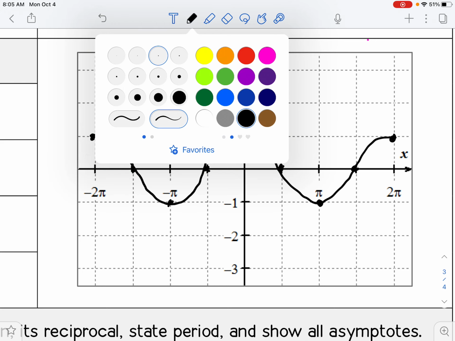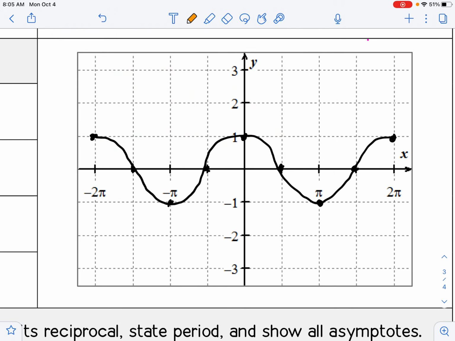So without getting into a deep discussion about it, those asymptotes are going to happen at the intercepts again, because those are the places where we would be dividing by 0 in our definition of secant. So those are the places where the x value is 0. So every 90 degrees, every pi over 2.